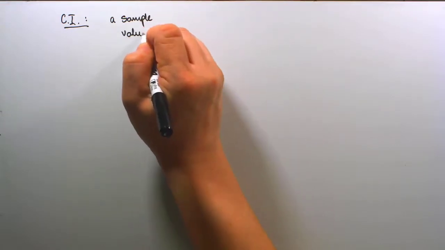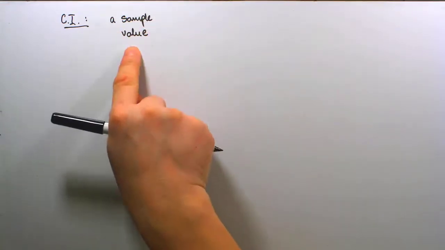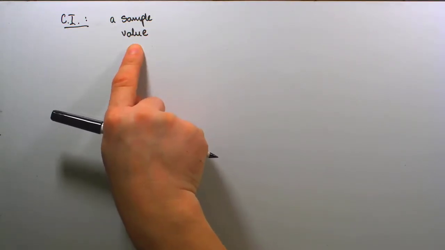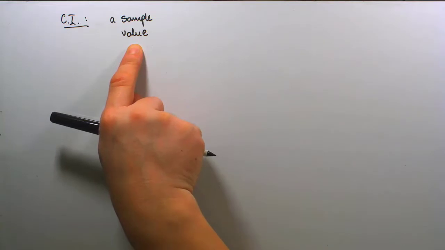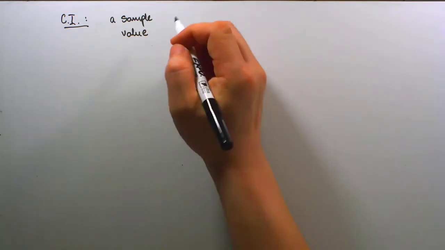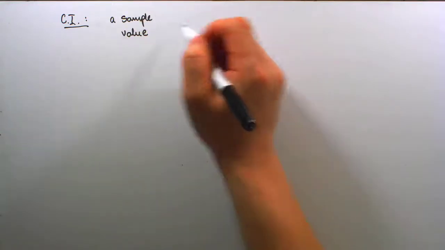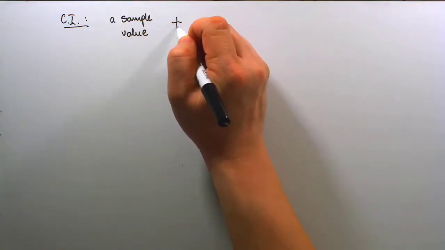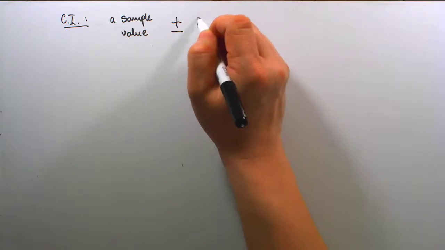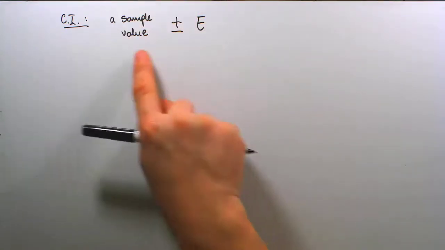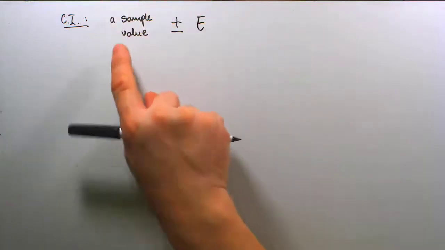And so any sample value is either given or purposely obtained by ourselves by using any of the sampling techniques. Then from the sample value that we have had, we are going to add and subtract a margin of error to that sample value. And that's how we come up with our final confidence interval.